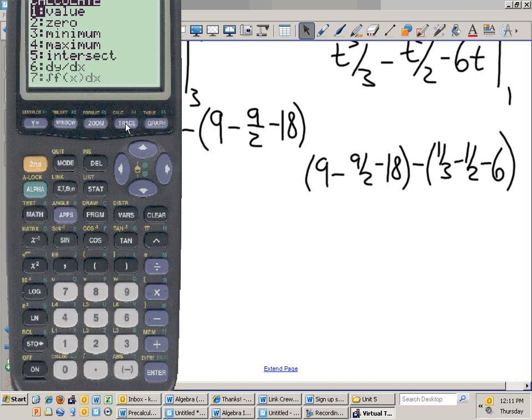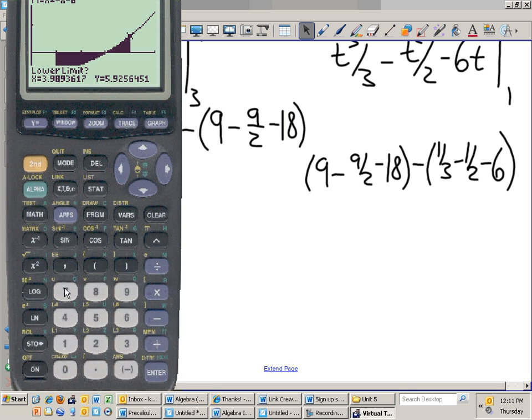We'll check with our calculator. Number 7, the lower limit of 1, upper limit of 3. Negative 7 and a third, so that would be negative 22 thirds.